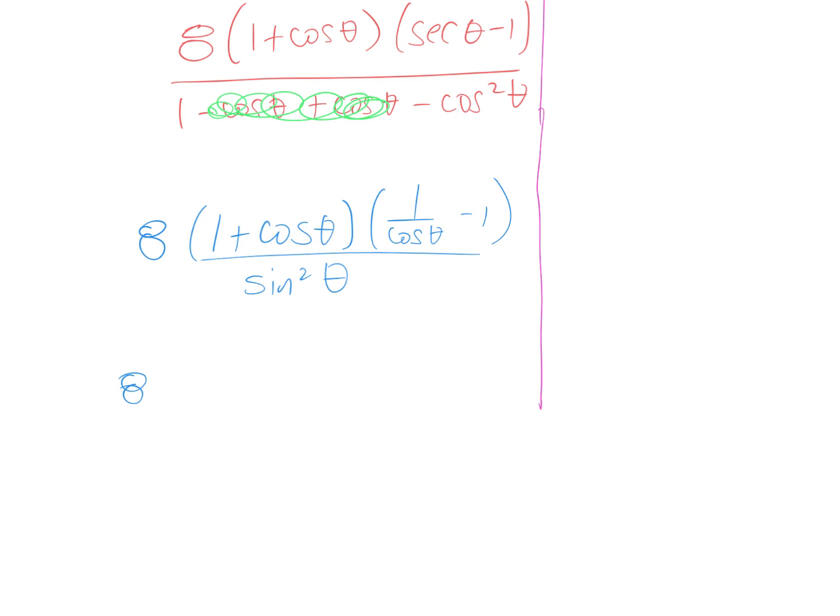If we FOIL this, what's 1 times 1 over cosine? 1 over cosine, right? Okay. What is 1 times negative 1? What is cosine times 1 over cosine? Cosine over what? So 1, good. And then what's 1 times negative 1, sorry, times cosine? Minus cosine. Agreed?